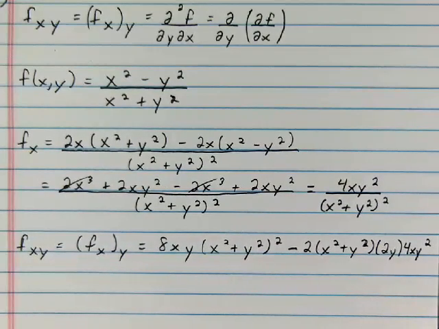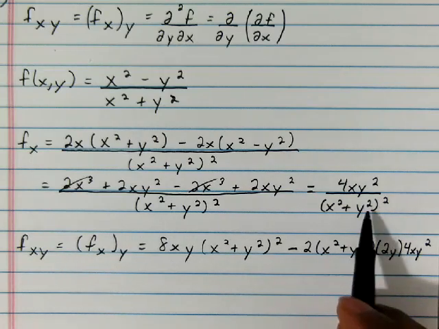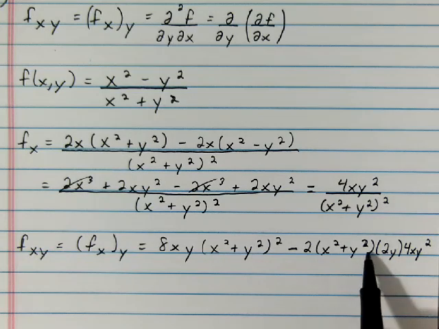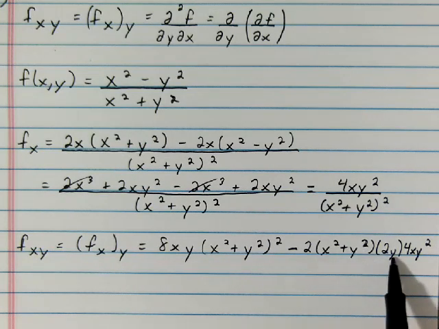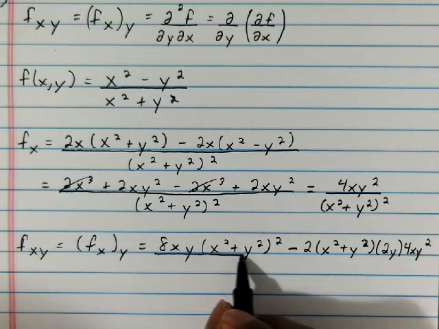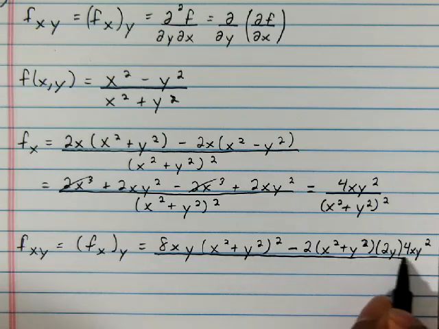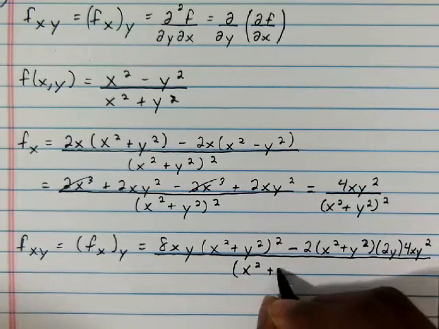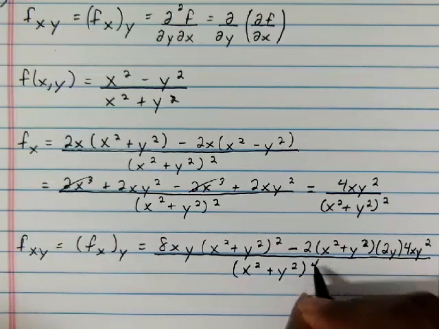Sorry about that, I had to write that so small. So this was minus the derivative of the denominator with respect to y. So the 2 comes out front, inside stays the same, derivative of the inside with respect to y is 2y, and then times the denominator stays the same. And this is all over x squared plus y squared to the 4th.